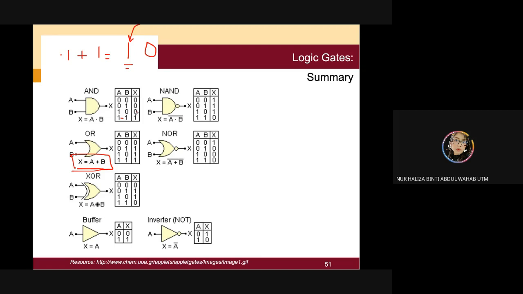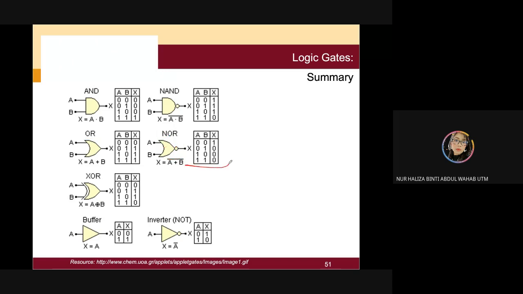So this is just for your understanding of why and how you can apply it, and how you're going to remember the plus and dot over here. And there is another one: after you have OR, you can have NOR. NOR is OR combined with the NOT gate, so you will have the bar over here.